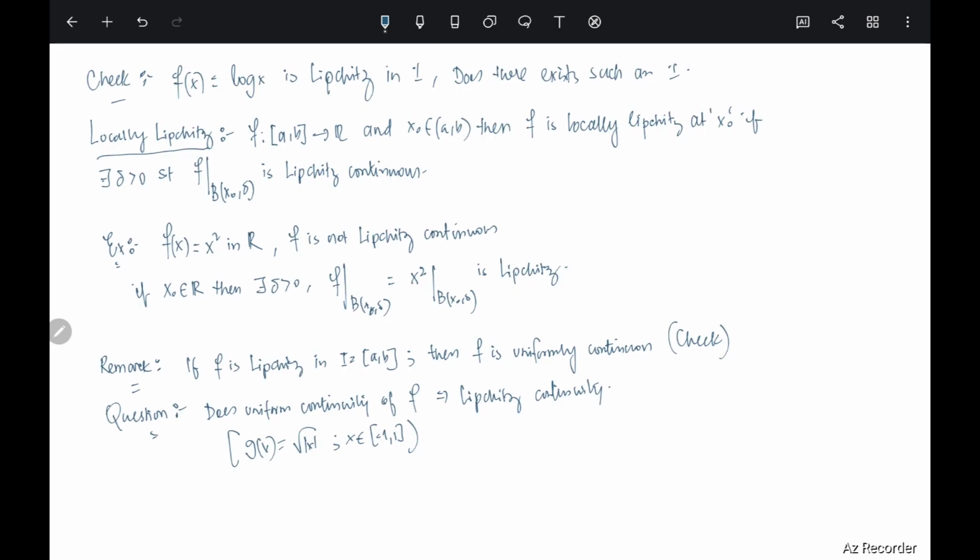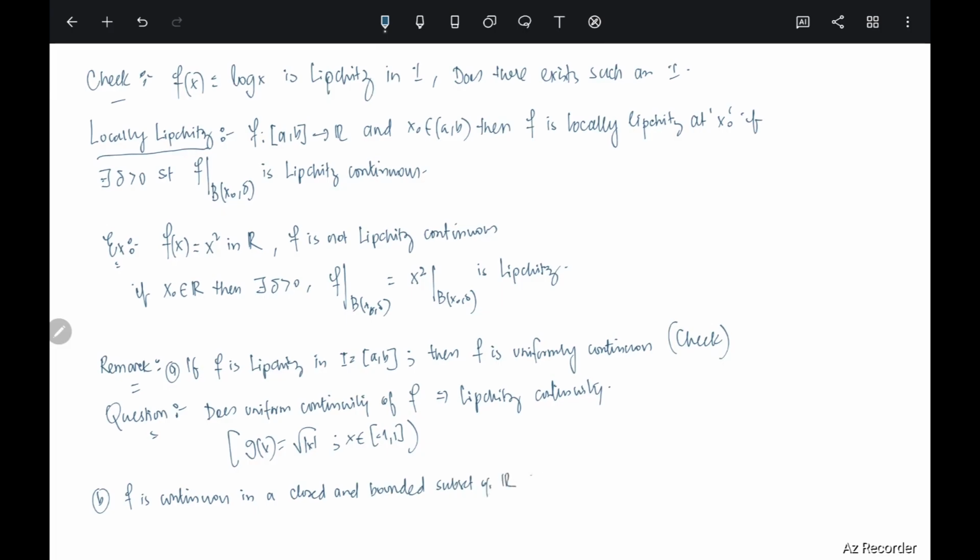And there is another remark which I want to put here. Let's say f is continuous in a closed and bounded interval, or bounded subset of R, doesn't matter.